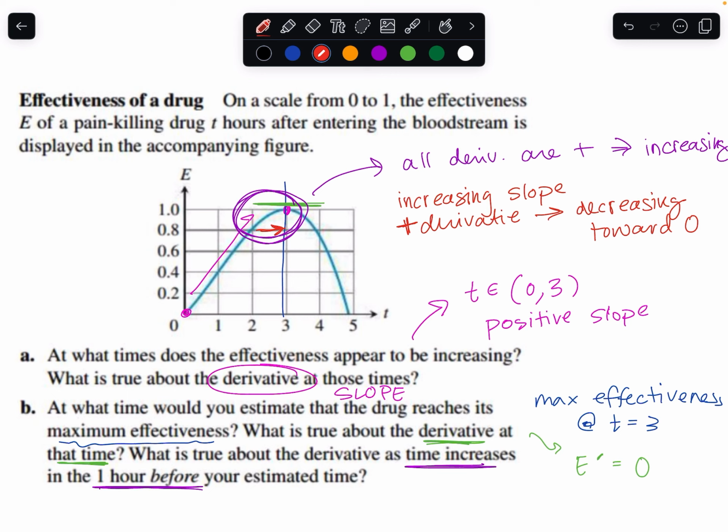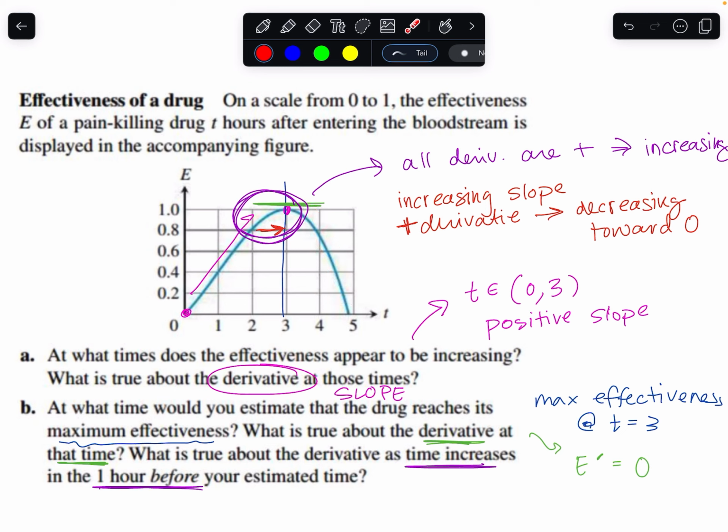Even though we still have positive derivatives everywhere between t equals 0 to t equals 3, that derivative is shrinking in value towards 0. And if we extend this problem, what's happening between t equals 3 to t equals 5 hours? Those would be negative slopes.